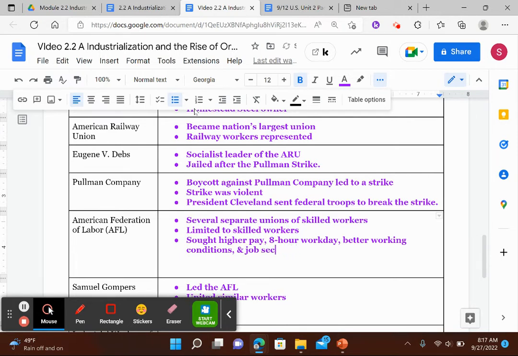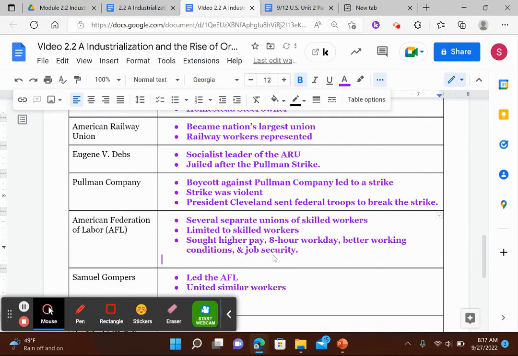Is that right? Security. Very good. All right, we've already got Samuel Gompers done.